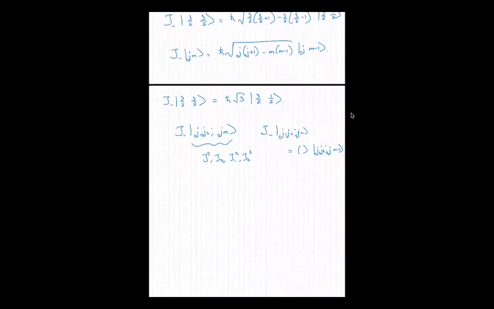Now I can also write J minus as J1 minus plus J2 minus, right? And now J1 minus and J2 minus act on the M1, M2 states, but J minus acts on the JM states. Okay?